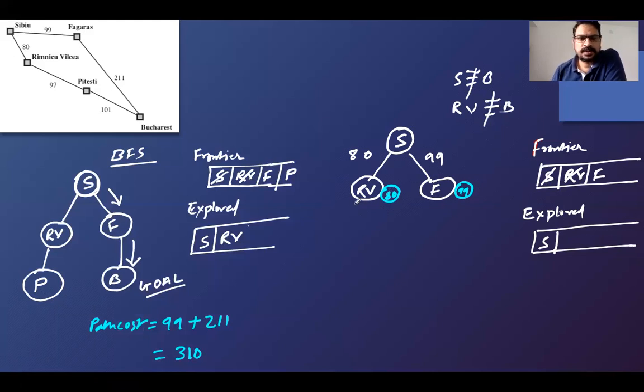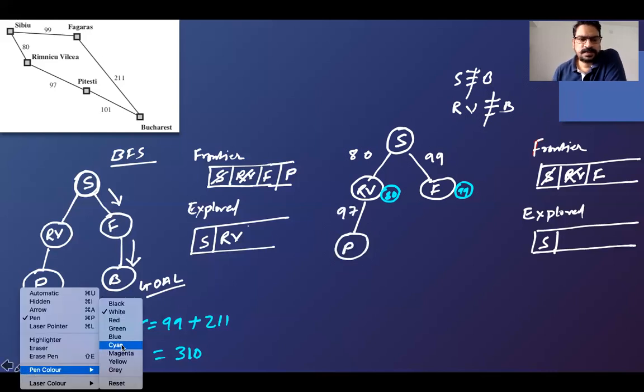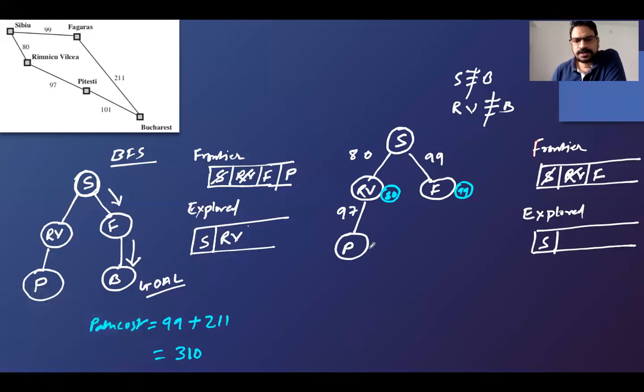Then RV will be explored. RV has only one child, which is Pitești, with a cost of 97. Now, what is the path cost here? It will be 177, right?